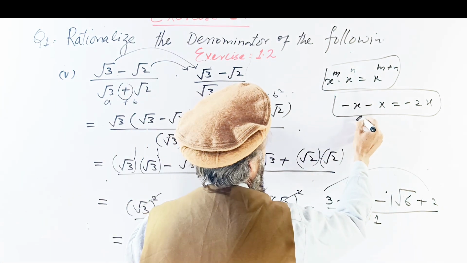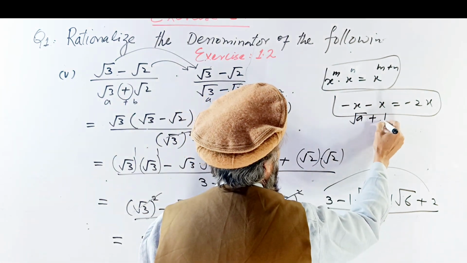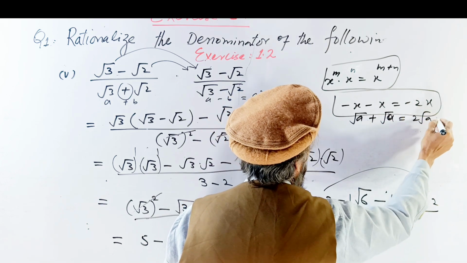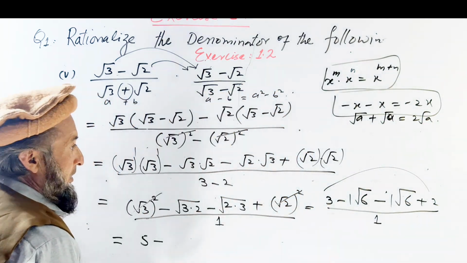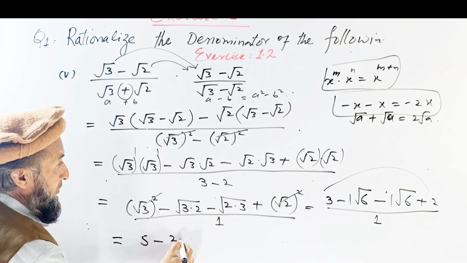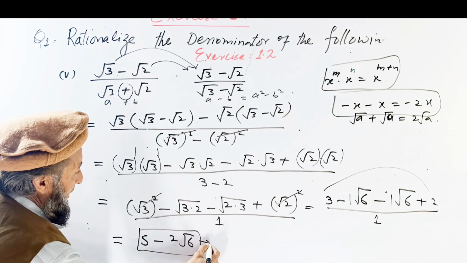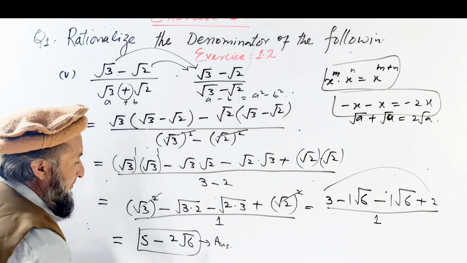Another property we are using is a square root plus b square root, we can write 2a square root. Here we can write 5 minus 2 root 6, which is the required answer of this question.